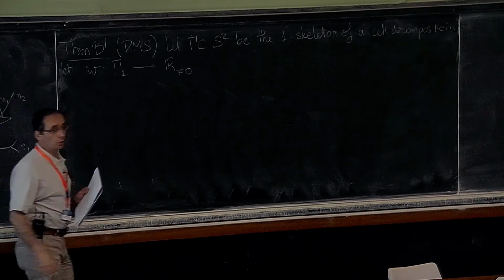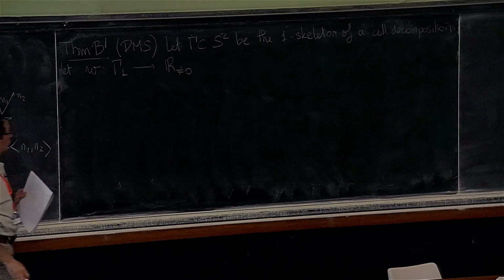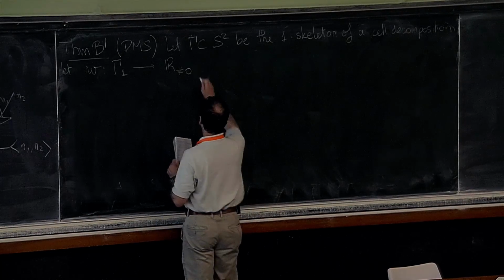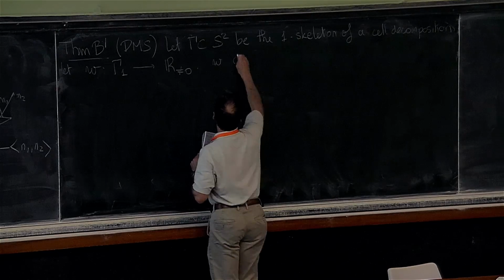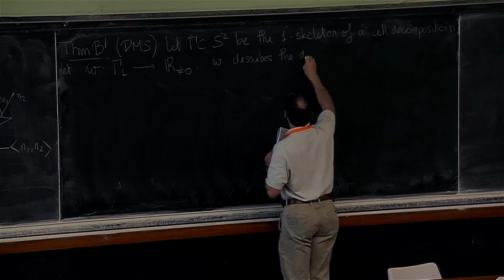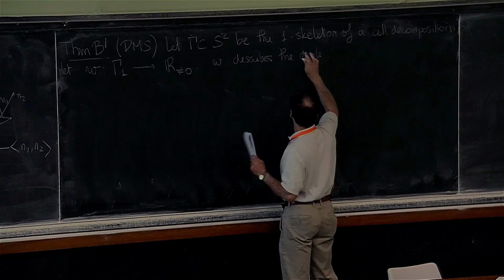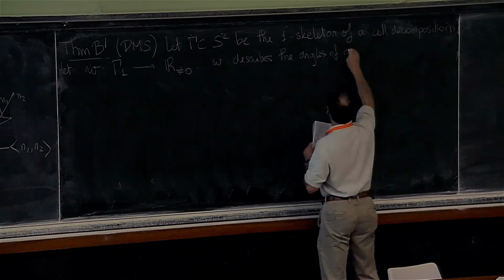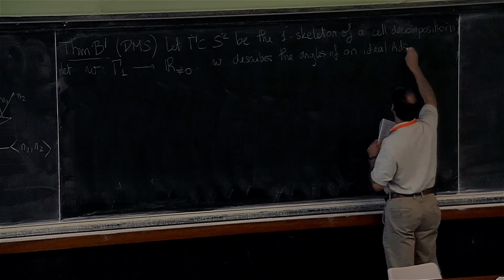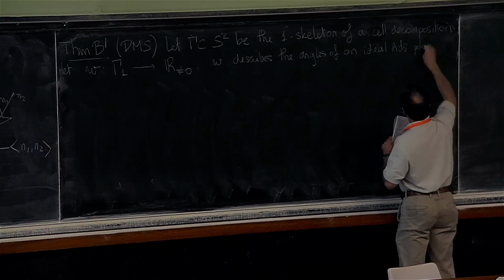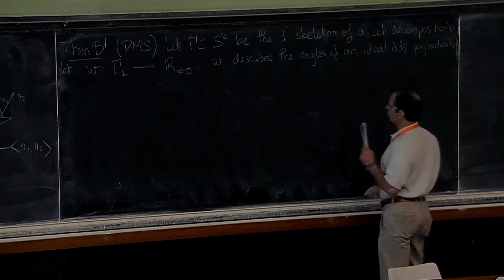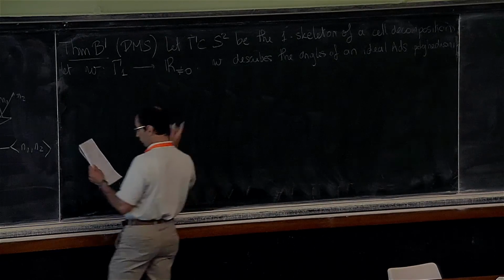but I don't want those angles to be equal to 0, right? This wouldn't make sense for me. So I want to take it with values in R, not 0. And then I'm claiming that W describes the angles, defined as here, of an ideal ADS polyhedron if and only if three conditions are satisfied, sorry.